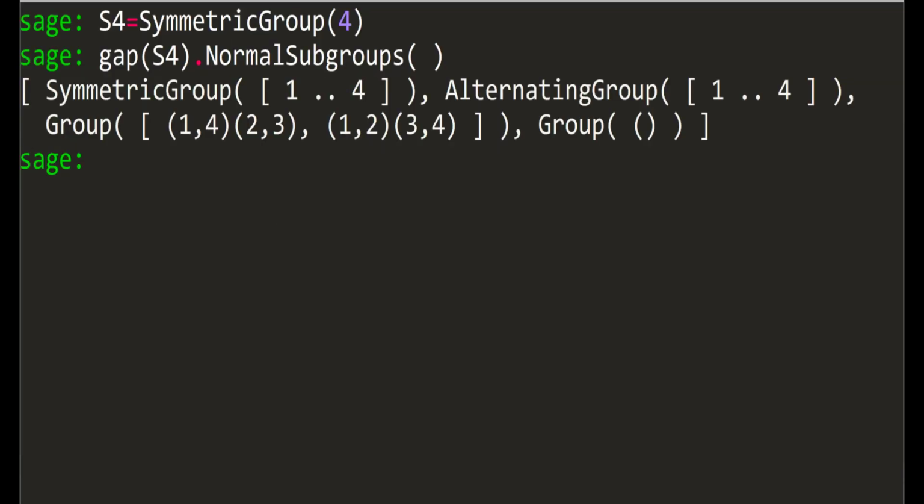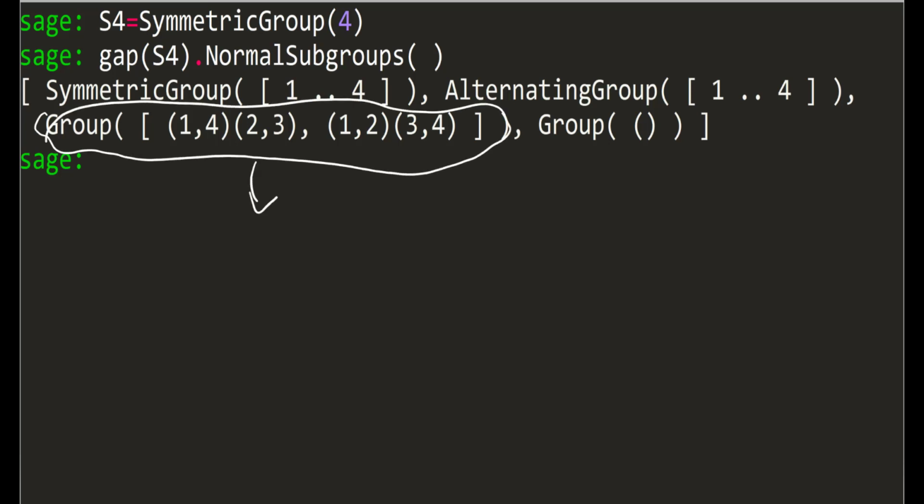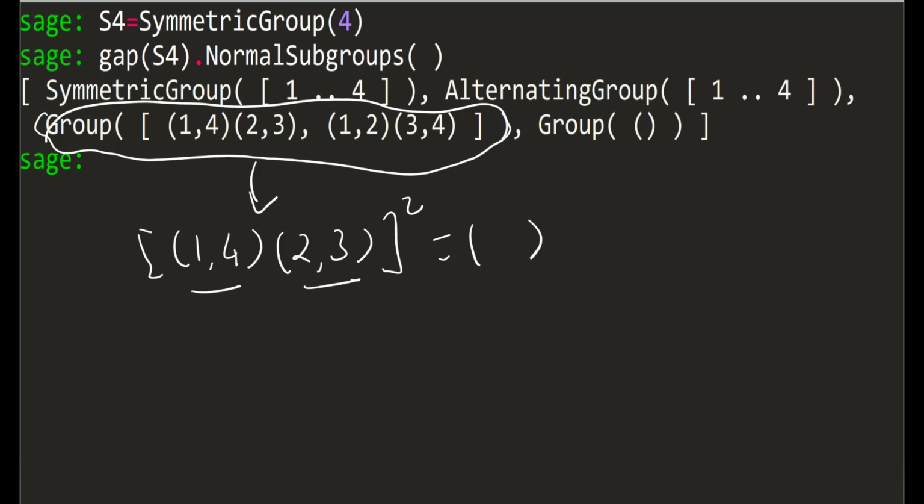Now, let's just pay attention to this group here. In this group, notice that I got (1 4)(2 3). If you square it, you will get the identity because it has order 2, and so the order of this will be 2 as well. Likewise, (1 2)(3 4).